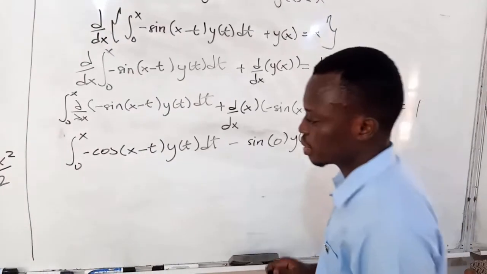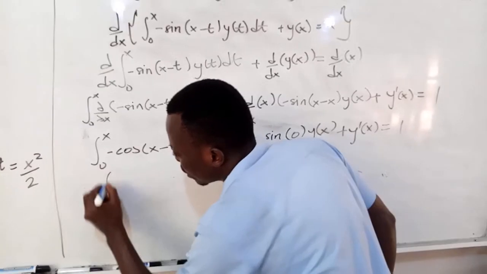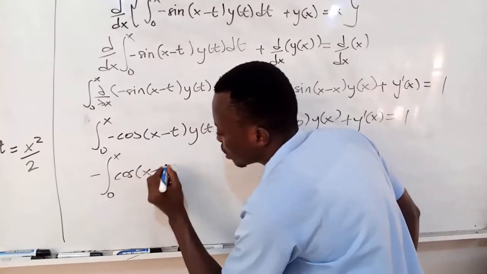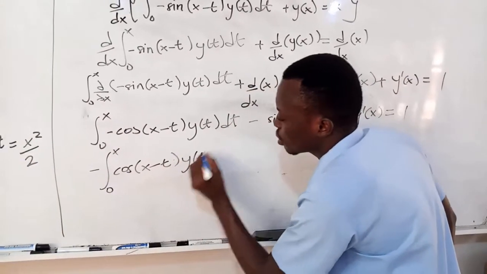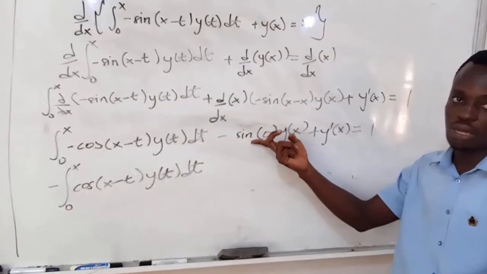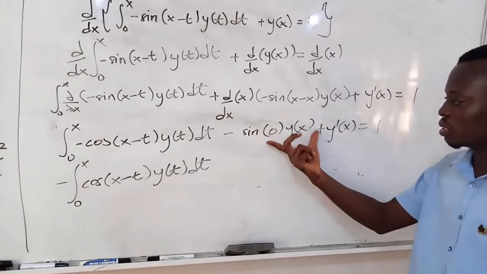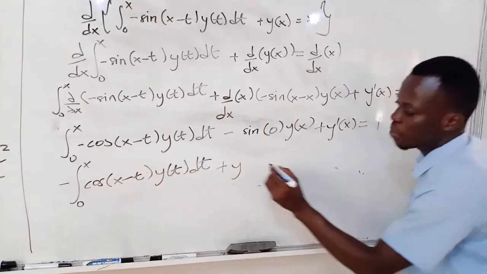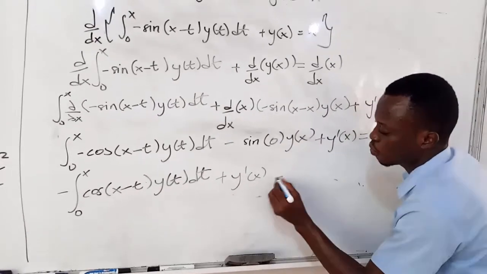Now let's rewrite this as minus the integral from 0 to s of cos(s minus t) y of t dt. And sine 0 is still the same as 0, so this term is off. Now plus this term, which is y prime of s, which is equal to 1.